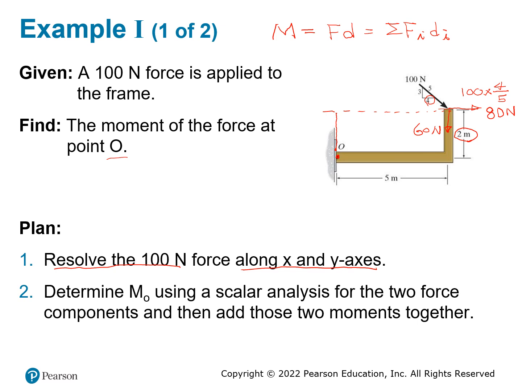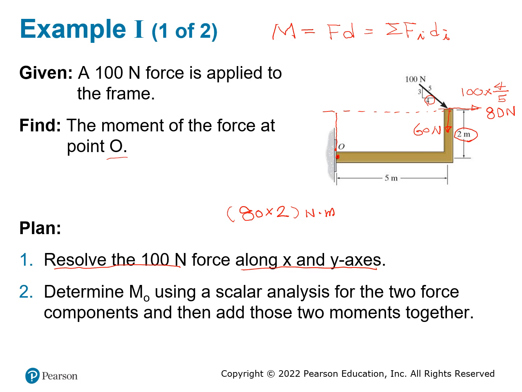So this is going to have 80 times 2 meters, and the unit for this one should be the Newton times meter. I forgot to mention the moment has a unit. The unit is going to be force times the distance, as the Newton times meter.